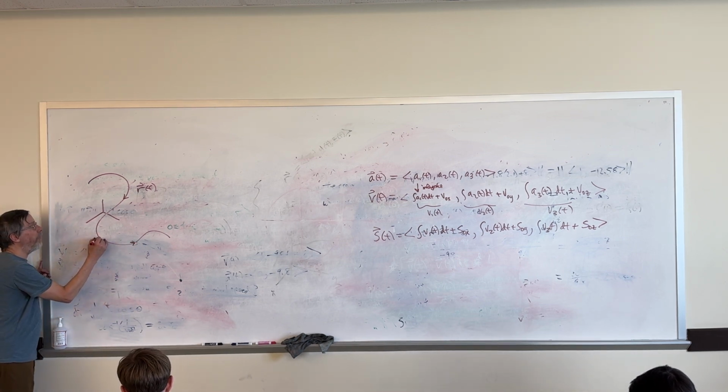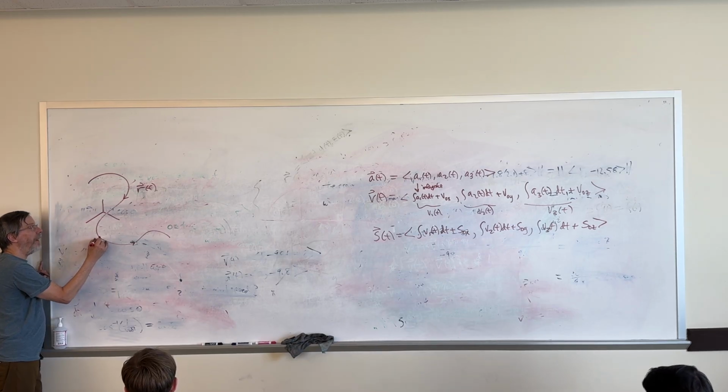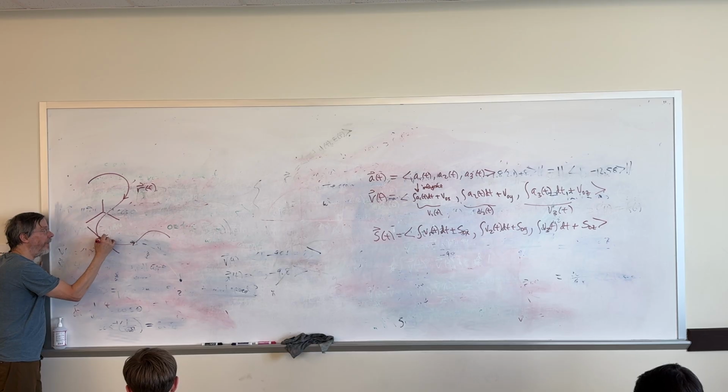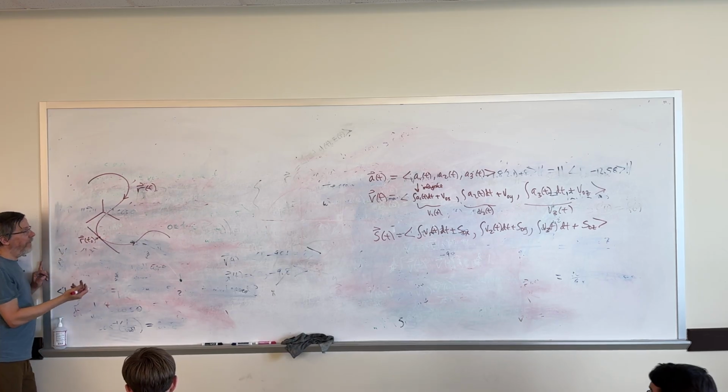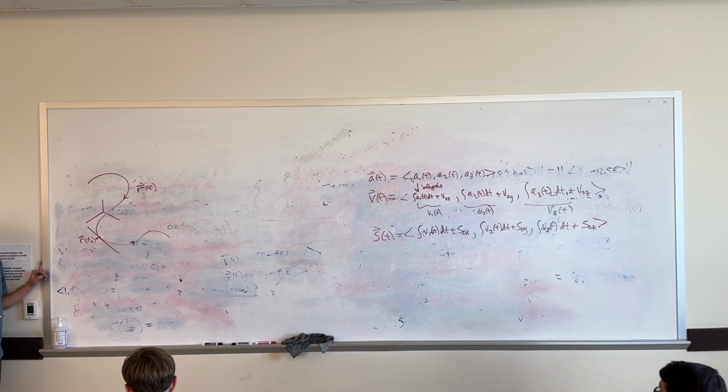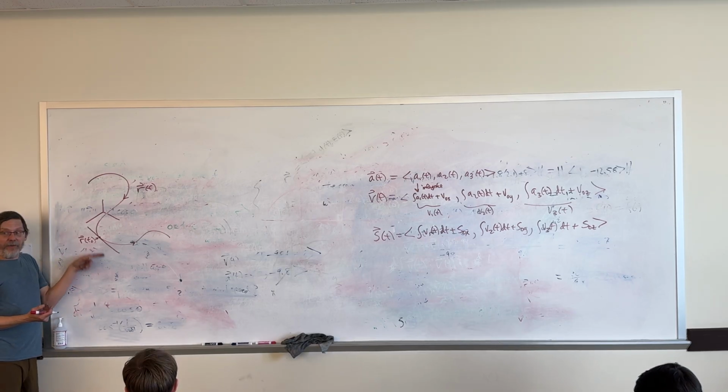I want to approximate it with a tangent line at some particular t naught value. So this is r at t naught, right there. What we're going to do is find the tangent vector at that point.